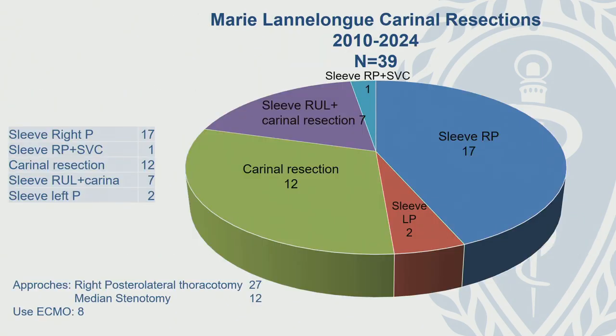We mainly did sleeve right pneumonectomy, followed by isolated carinal resection, and also sleeve right upper lobectomy extended to the carina, and a few left resections. Most were approached through a right thoracotomy or median sternotomy. We have been using ECMO since 2020, so 8 cases with ECMO in this area.